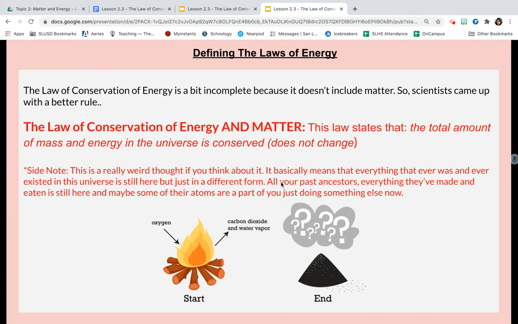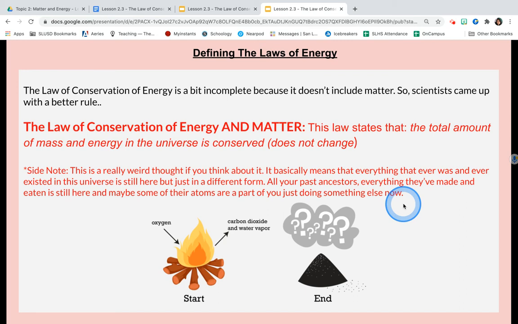So maybe one of your atoms used to be a star, or part of a dinosaur, or something insane, or part of an asteroid, right? Everything in this universe is constantly getting recycled from energy to matter, from matter to energy, right?